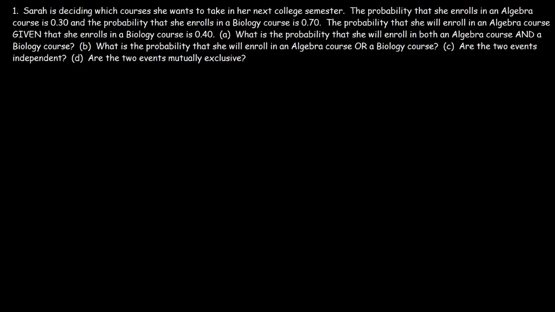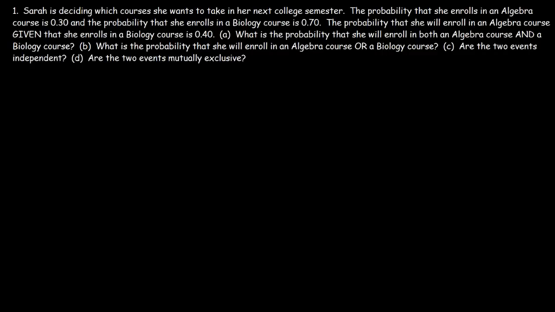The probability that she will enroll in an algebra course given that she enrolls in a bio course is 0.40. So part A, what is the probability that she will enroll in both an algebra course and a biology course?